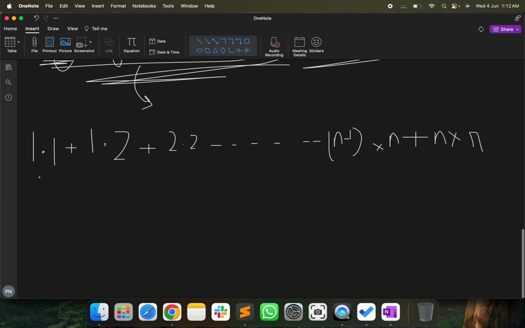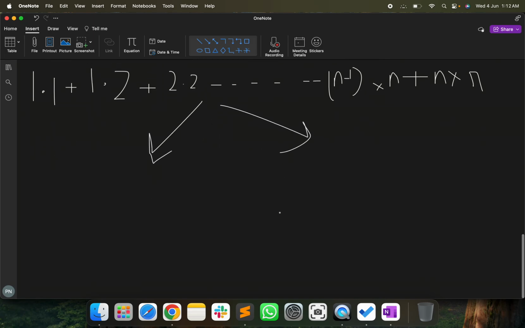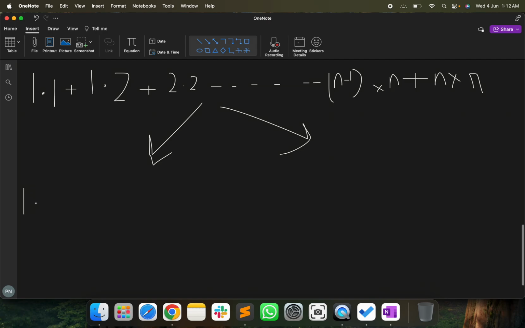Now how are we going to solve this? We are going to solve this in two different ways. We are going to split this equation into two different equations. The first one will be 1 into 1 plus 2 into 2 plus 3 into 3, and so on till we get to n into n.